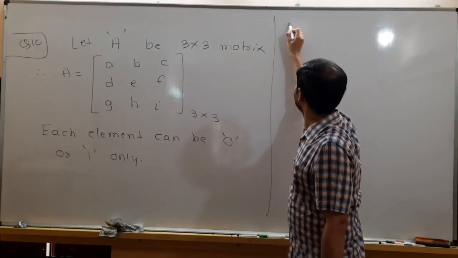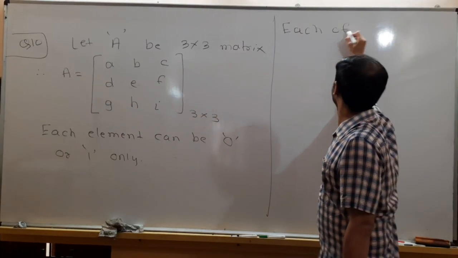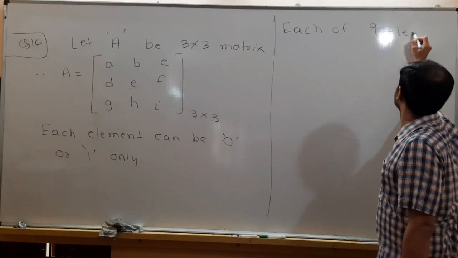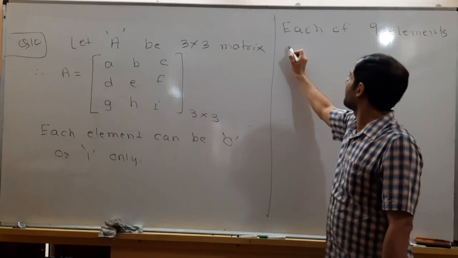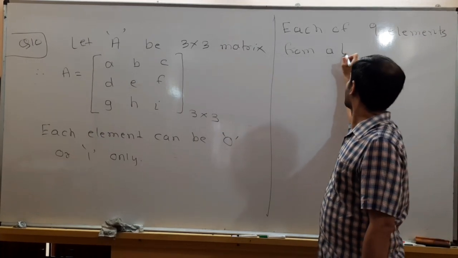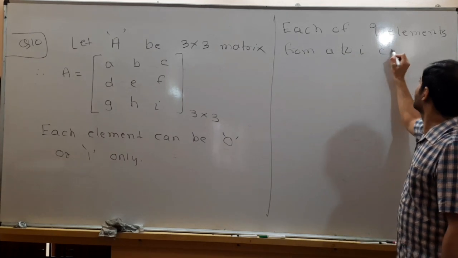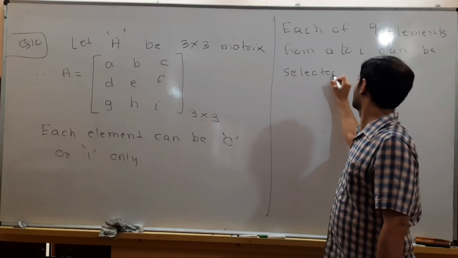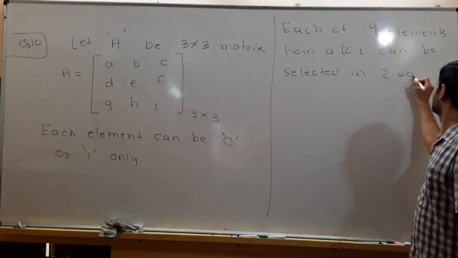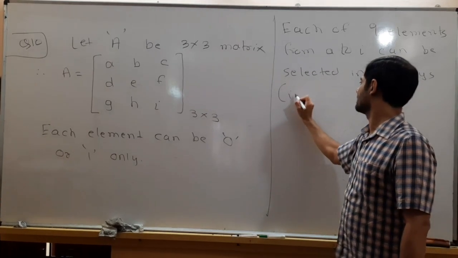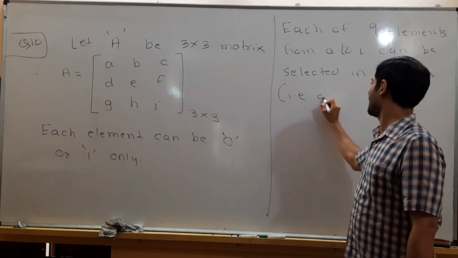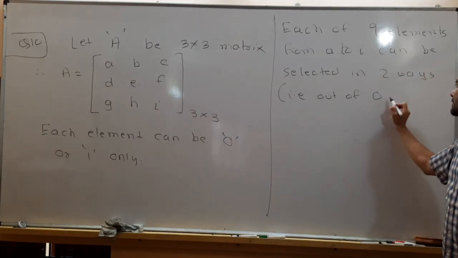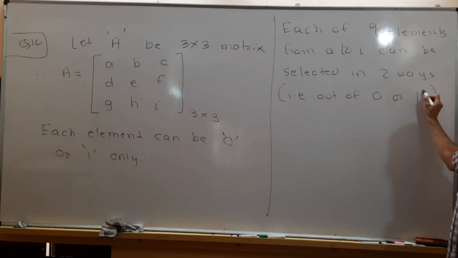So each of the 9 elements from A to I can be selected in 2 ways, that is, out of 0 or 1. I hope I'm clear.